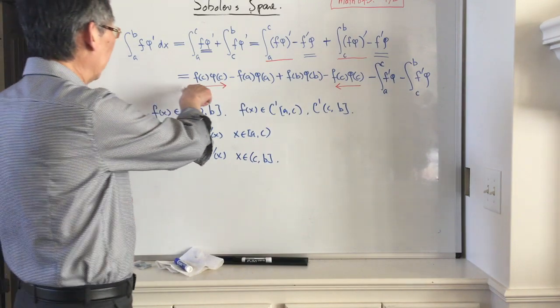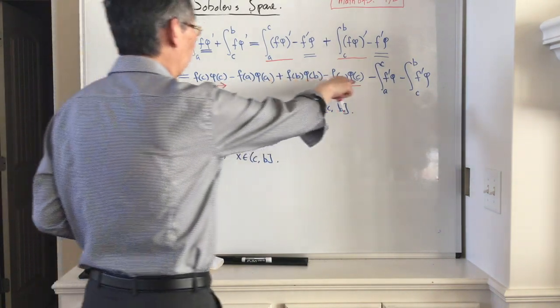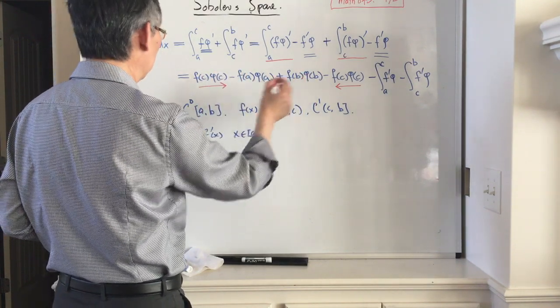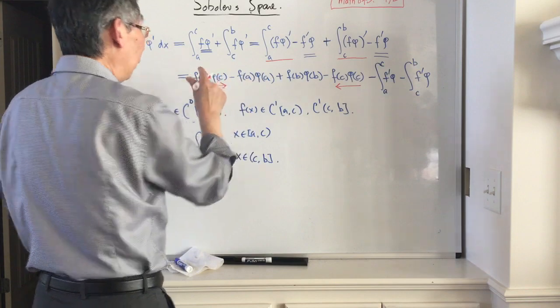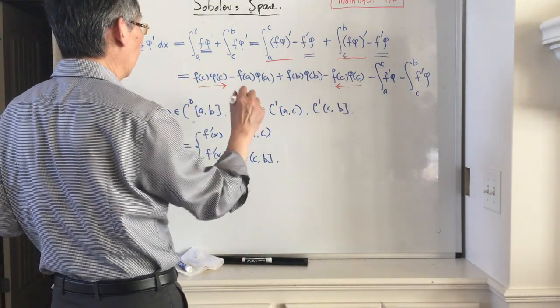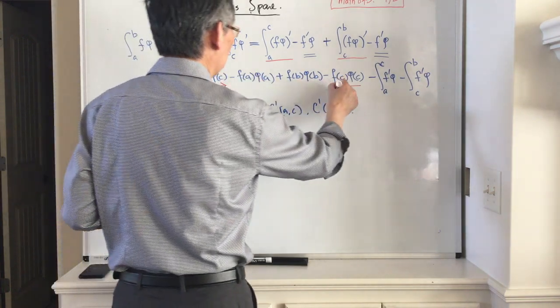Now phi is a continuous function, so phi(C) equals phi(C). And F is continuous, so no matter how you evaluate from both sides, they're still equal. So these two terms cancel.